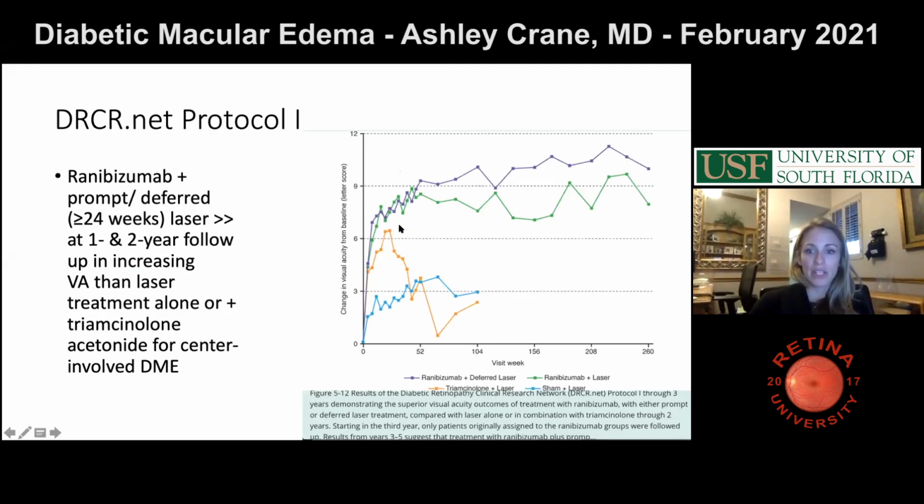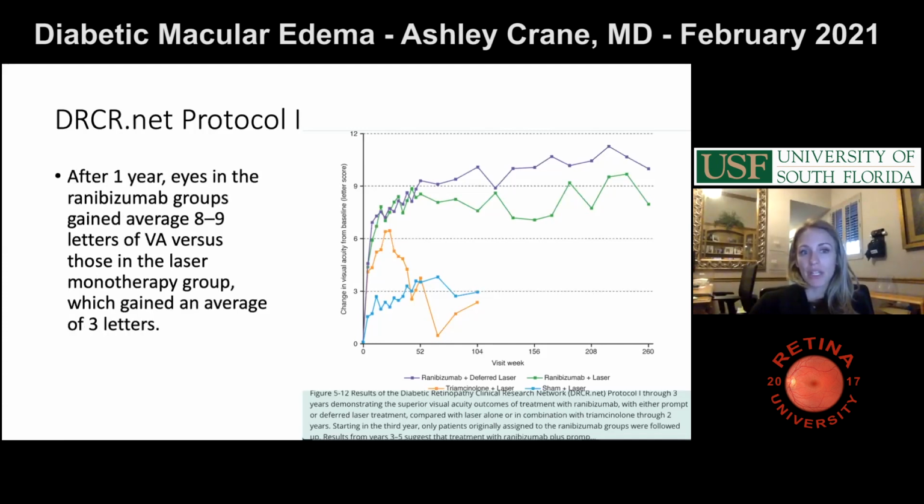As you can see at the top, we're looking at the change in visual acuity on the vertical axis, and on the horizontal axis, we're looking at the weeks of visits. Ranibizumab with prompt or deferred laser, and deferred laser was defined as greater than or equal to 24 weeks, was significantly superior at the 1 and 2 year follow-up in increasing the visual acuity than the laser treatment alone or the triamcinolone plus laser for center-involved DME.